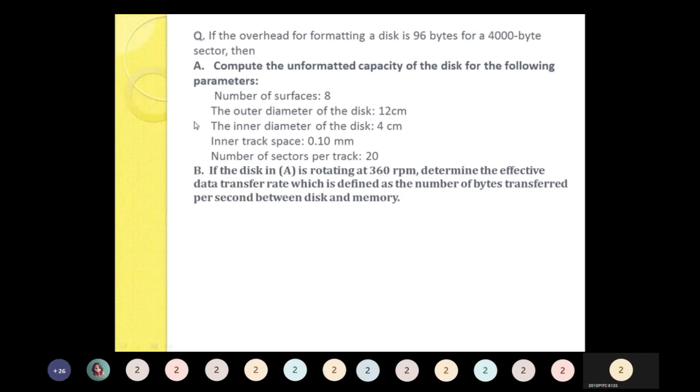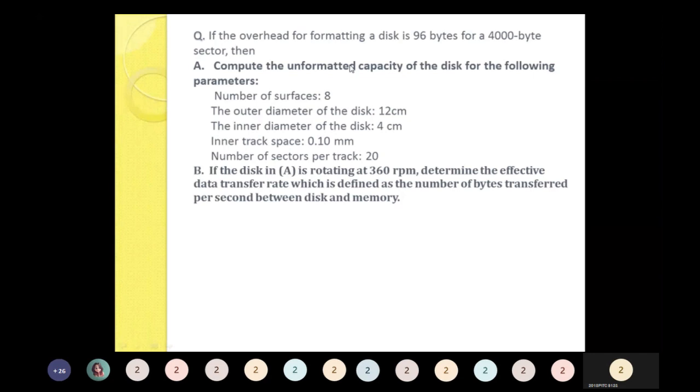So the question is: if the overhead for formatting a disk is 96 bytes for a 4000 byte sector, then compute the unformatted capacity of the disk for the following parameters. We already know that every disk has an outer diameter, inner diameter, inner track space, surfaces, and sectors.